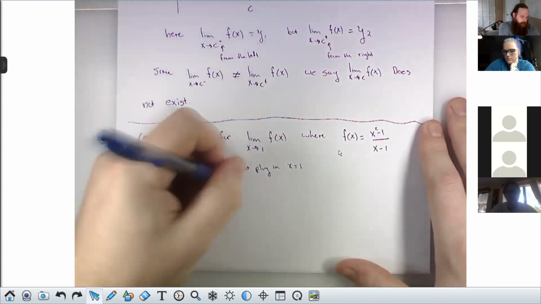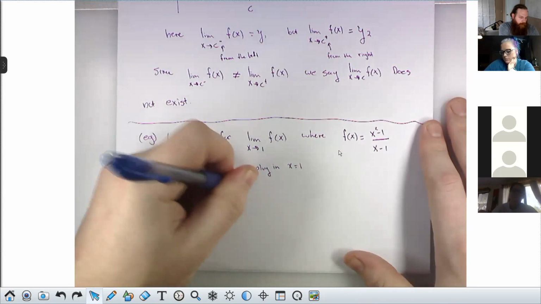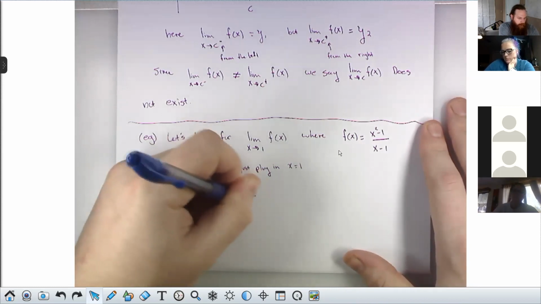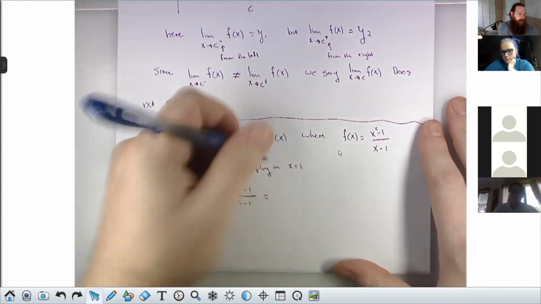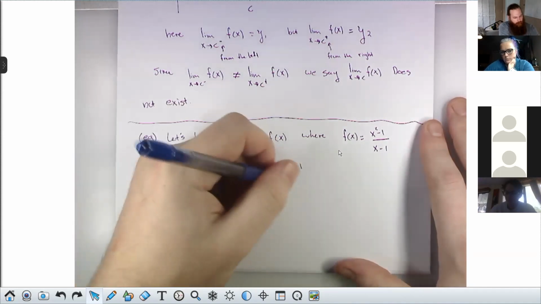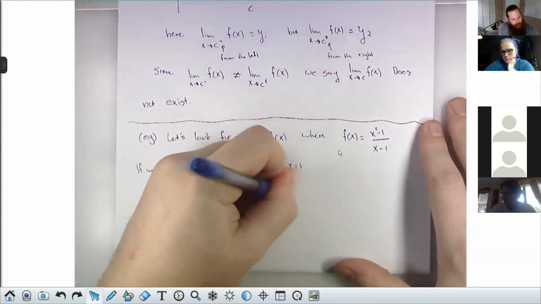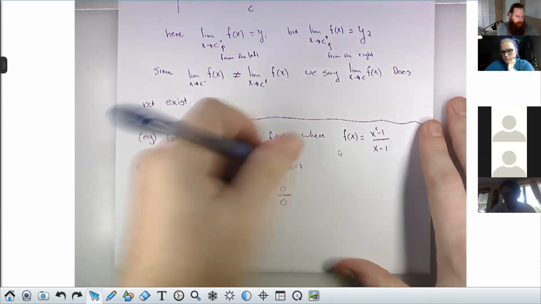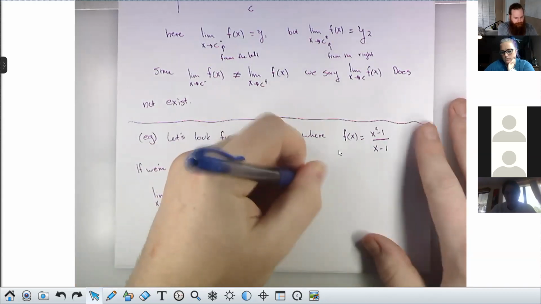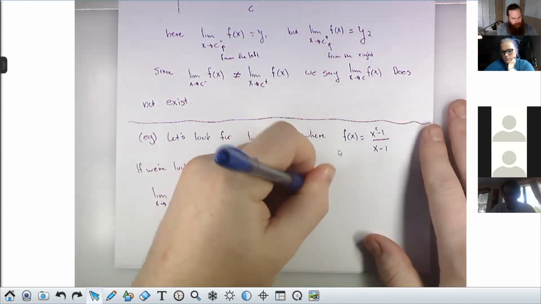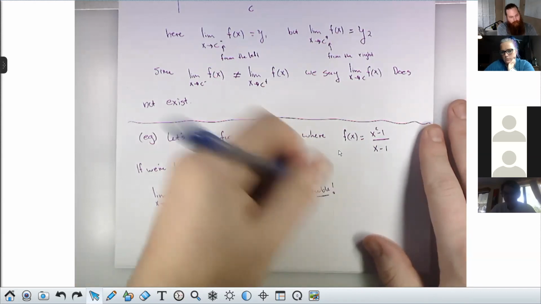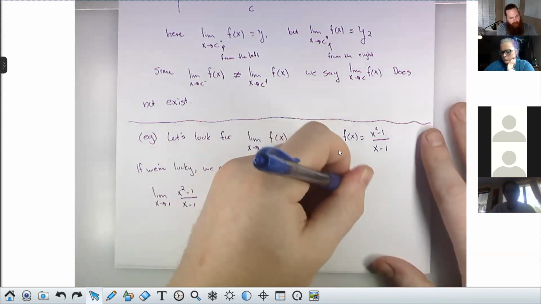Maybe we'll get lucky. Let's see, is that 1 squared minus 1 over 1 minus 1? No, there's a problem, right? 1 squared is 1, so 1 minus 1, the top there is 0, and 1 minus 1, the bottom there is also 0. This is trouble. We can't divide by 0.